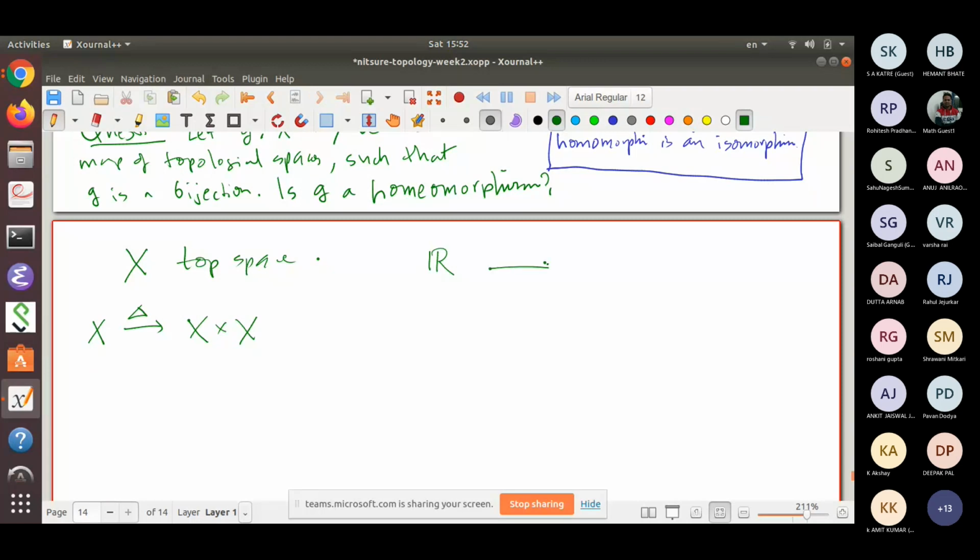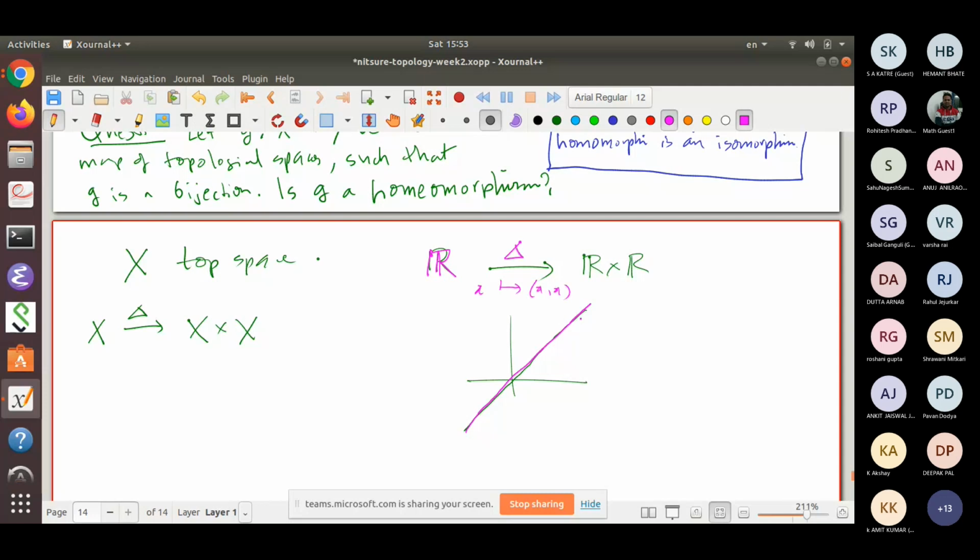That's going to be the map from R to R cross R, whose graph looks like this. So this R, let me draw in pink. This map is putting this R here like this, because this is the map which sends small x to (x, x). This is the diagonal map.